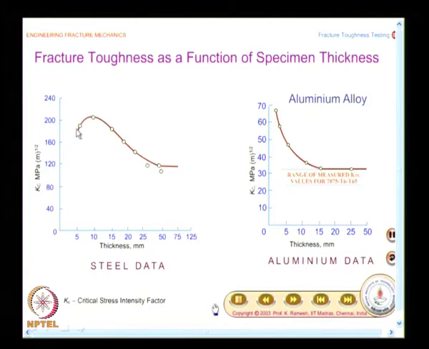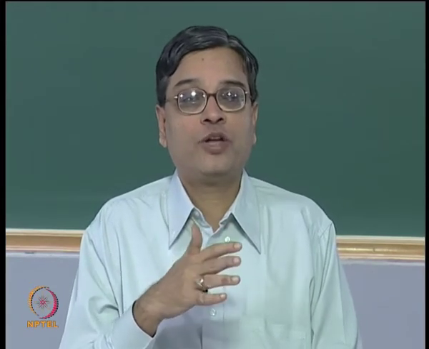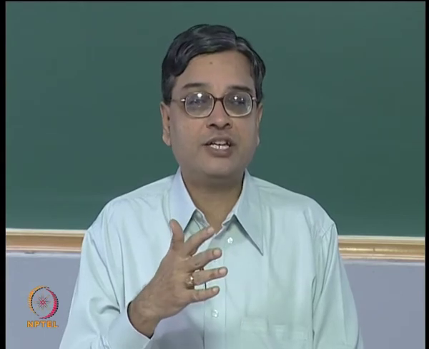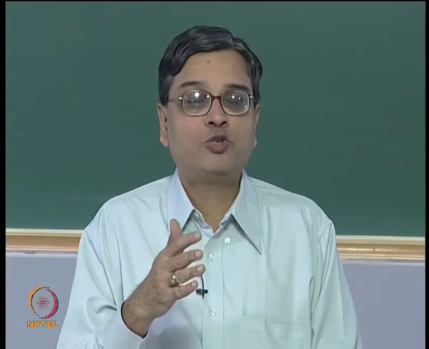When you look at steel, the fracture toughness varies like this, and it becomes a constant only after a particular thickness, and if you go and investigate, this was really ensuring plane strain condition at the crack tip. So, this is the reason why people go in for maintaining plane strain condition, so that you get a material property which could be used for all your design calculations.